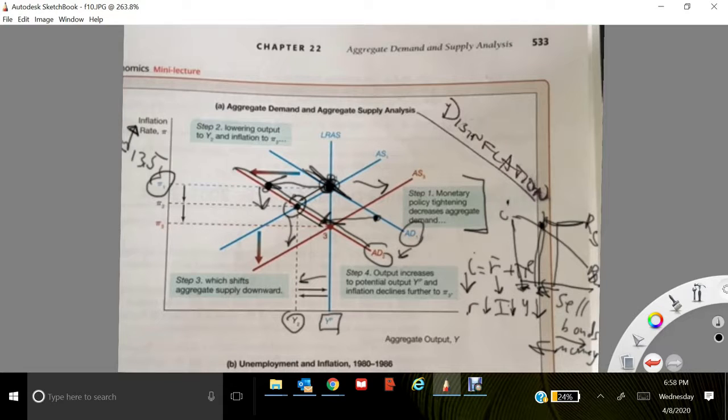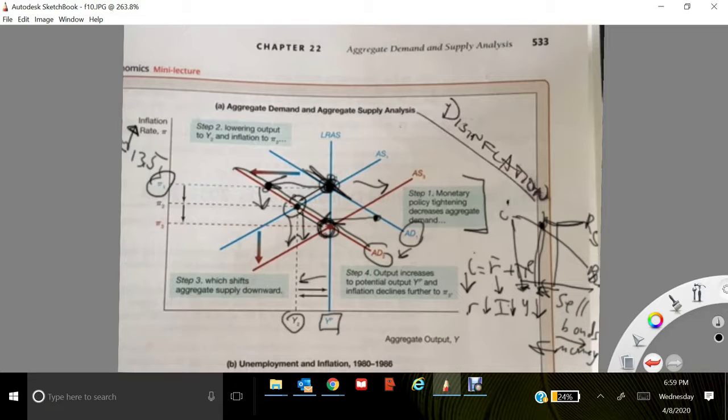So wages are not going to rise as high as they were. People are not going to expect inflation to be as high as it was. You're going to have a shift to the right of the aggregate supply curve, resulting in a new equilibrium at point 3, okay?